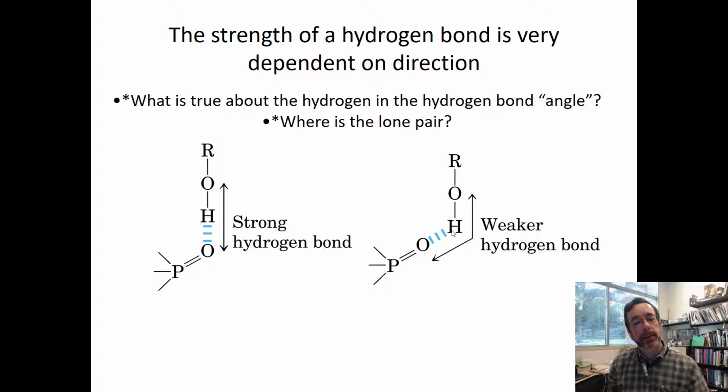For the example right here where you have the oxygen at the bottom, there will be two lone pairs on the oxygen, and they'll be pointing out at angles like this. They'll be pointing out at 120-degree angles. So you can even say this angle, the POH angle, should be 120 degrees because the oxygen has a lone pair.